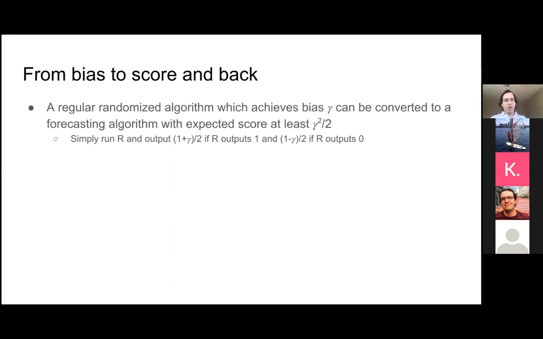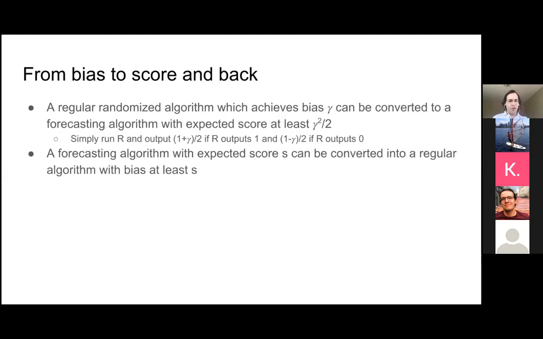It gives you an answer either 0 or 1, and you just attach to it the confidence that bias gamma implies. So if the algorithm gave the output 1, you say 1 plus gamma over 2, and 1 minus gamma over 2 if the algorithm outputs 0. And this turns out to give you the guarantee of expected score at least gamma squared over 2.